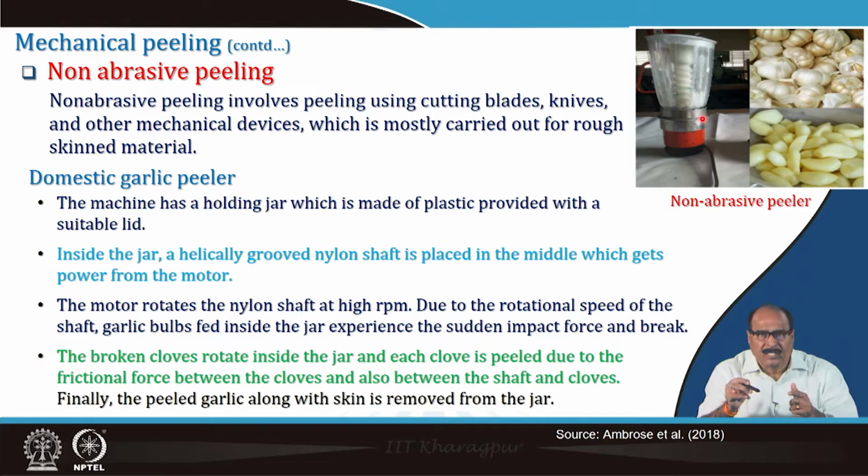Due to the rotational speed of the shaft, garlic bulbs fed inside the jar experience the sudden impact force and break. The broken cloves rotate inside the jar and each clove is peeled due to the frictional force between the cloves and also between the shaft and the cloves. Finally, the peeled garlic along with the skin is removed from the shaft.